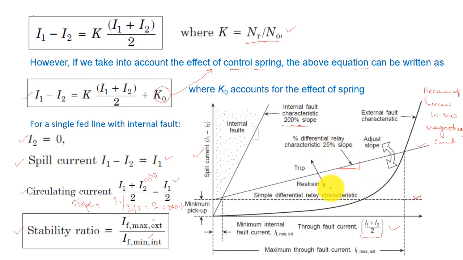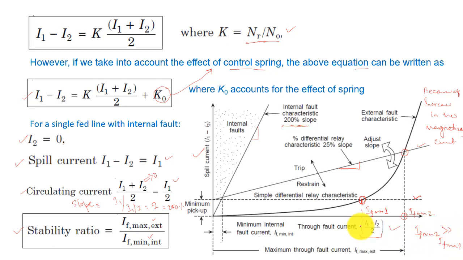Much more enhanced as compared to the simple differential relay, because for the simple differential relay your IF maximum external will be here, right? Let us mark it as IF max 1. And for your percentage bias differential relay, let us mark IF max external as IF max 2, and your IF max 2 is much greater than IF max 1, right?